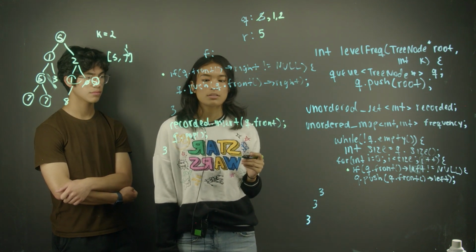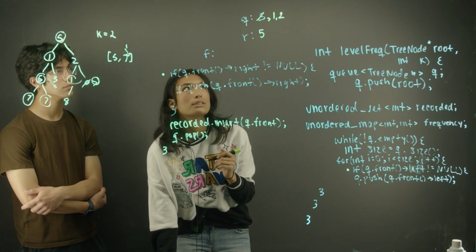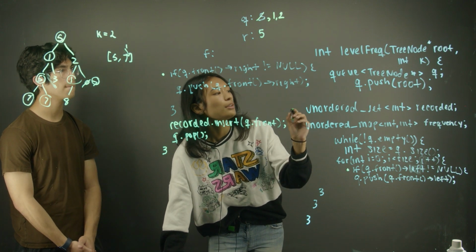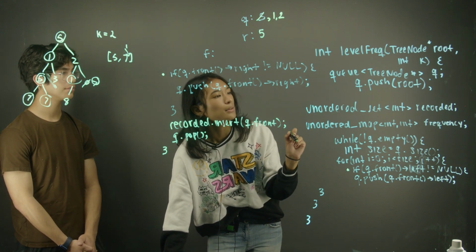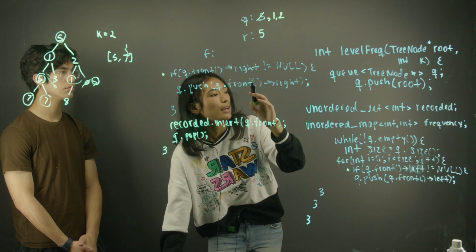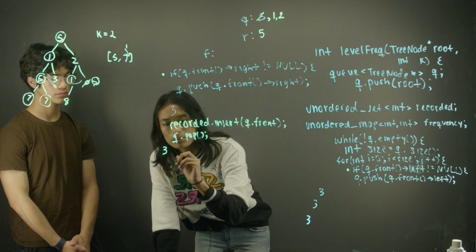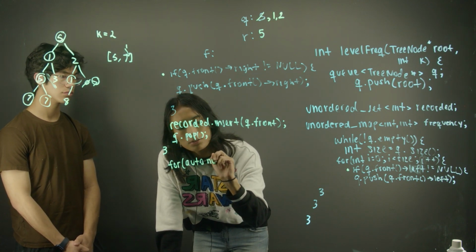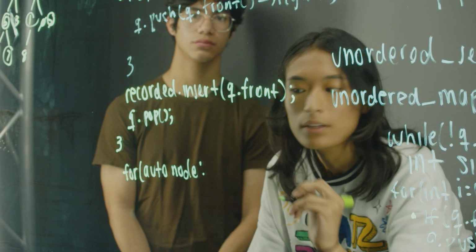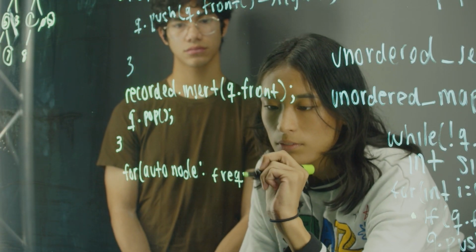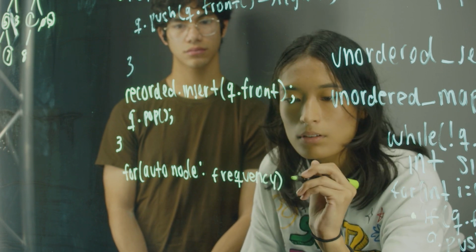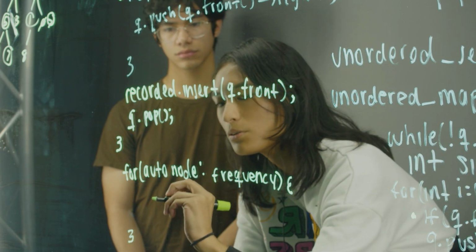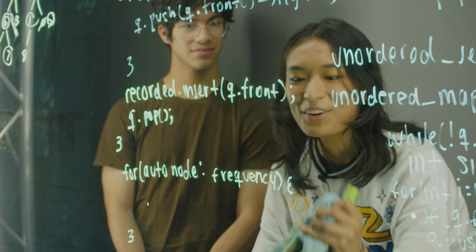All right. So I also want to deal with my frequency. So I'm going to use recorded to put into my map. So recorded will be storing the nodes, and I'm going to use my map. So I'm going to do something like for auto node in recorded, oh, not frequency, recorded.